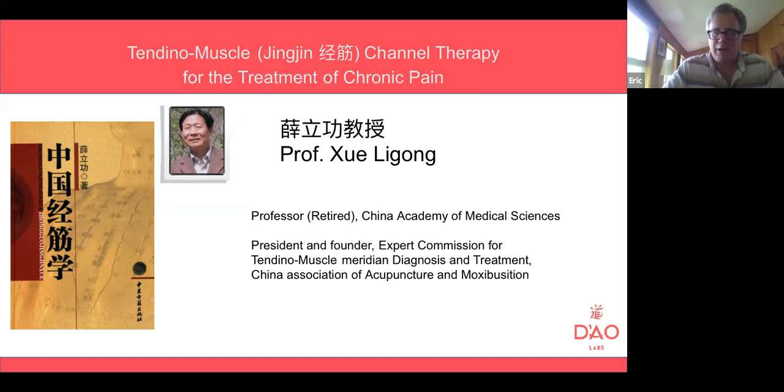I happened to meet him through some coincidence, and when I did, he was in the middle of writing this book you can see here on the screen. I didn't quite know it at the time, and I didn't even fully appreciate how innovative his research was, but it's ultimately transformed my clinical practice, and there's nothing more important to my clinical practice really than his Jinjin channel therapy.